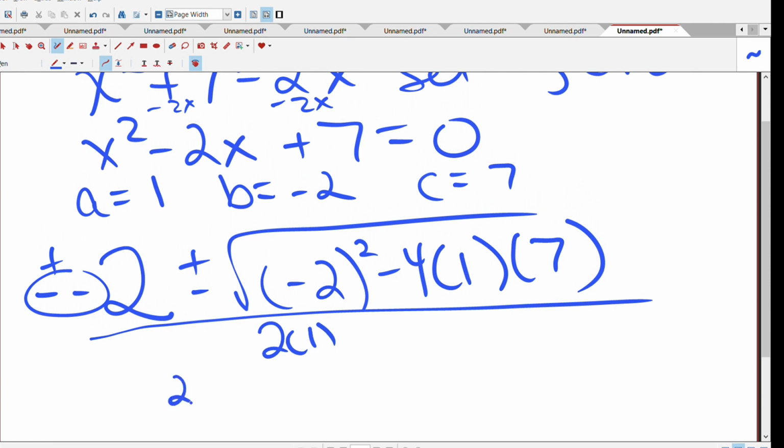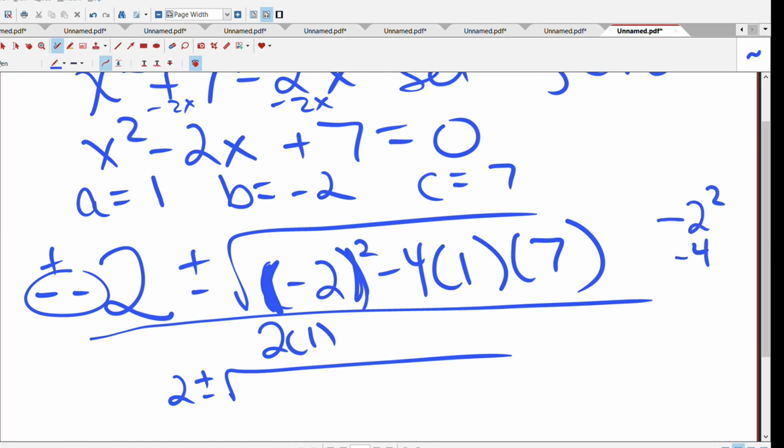And then I have 2 plus or minus, I'm going to do this part in my calculator, and if you don't put the negative 2 in parentheses like this, you'll get the wrong answer, because negative 2 squared in your calculator would be negative 4, because it's saying take the 2 squared and negate it. But that's not what this is saying. This is saying negative 2 times negative 2, and any negative number times another negative number is a positive number. So enter it in the calculator exactly how I have it here.